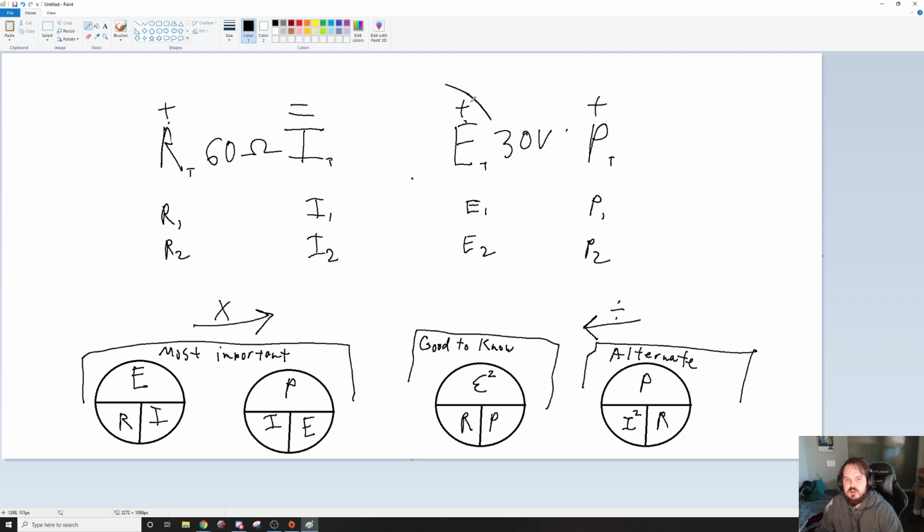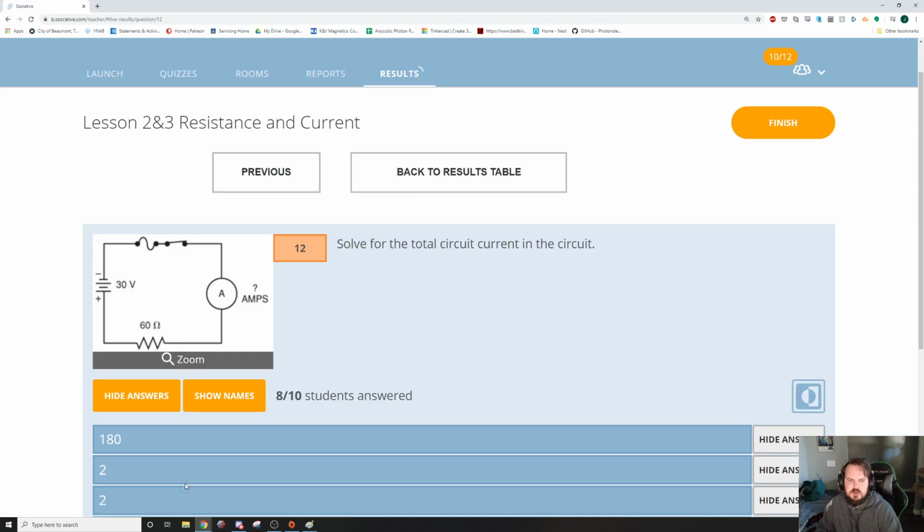So what you're going to do is you skip the middle. So 30 divided by 60 will give you 0.5 amps. And then that will be 0.5 amps at all the spots in the circuit. But I believe this circuit only had one component, so there's no use to having multiple rows.